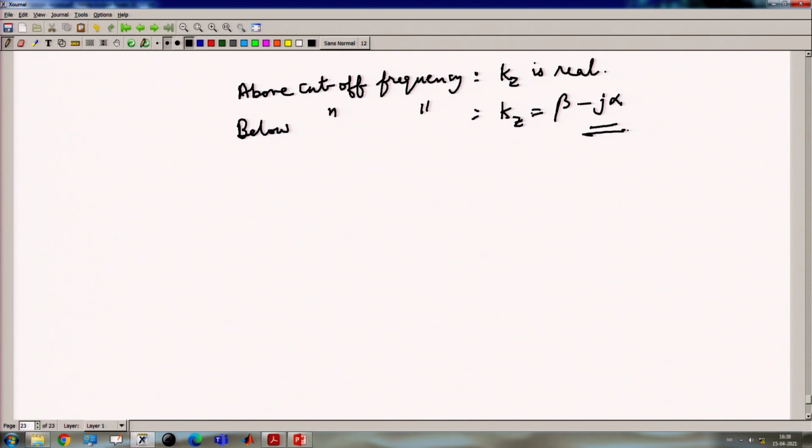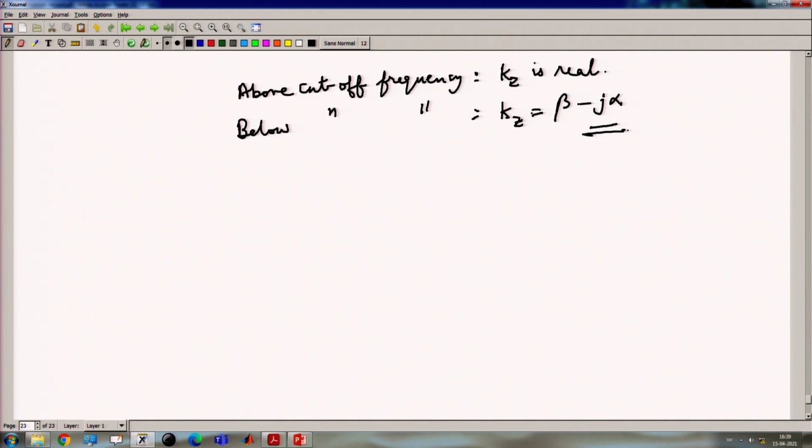This condition is what characterizes the wave below cutoff. So, this is saliently different from metallic waveguide, as we saw, where there is no radiation of electromagnetic waves, because the waves are only contained between the metallic walls of the guide.